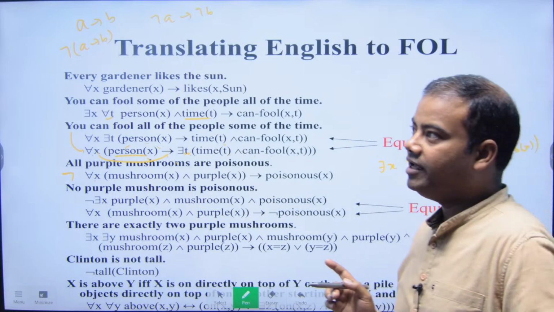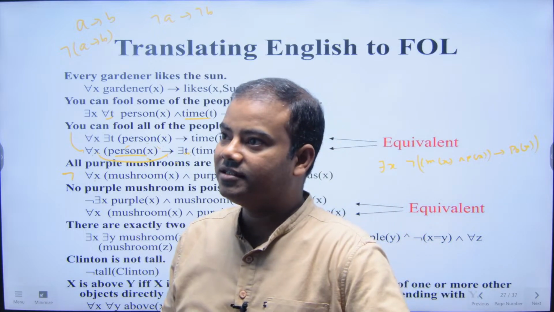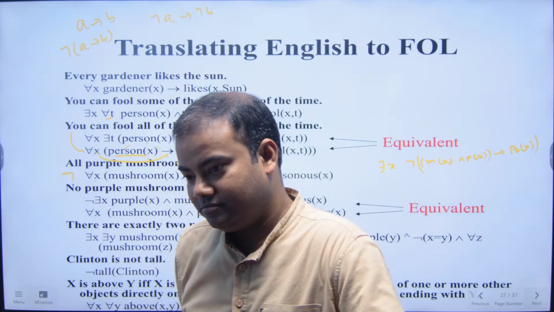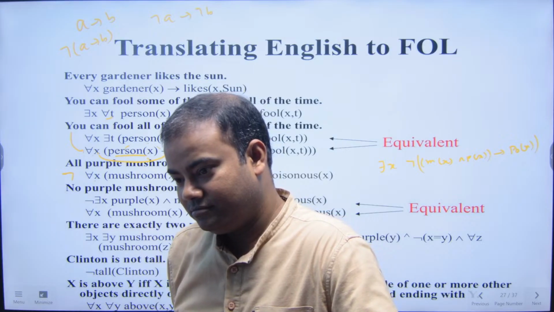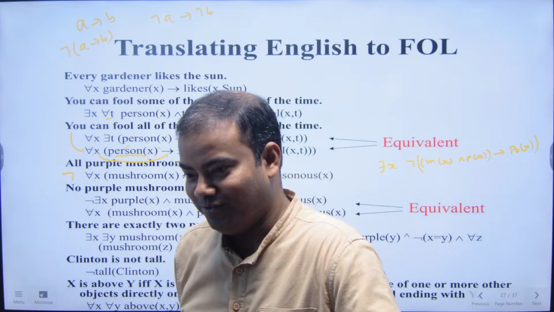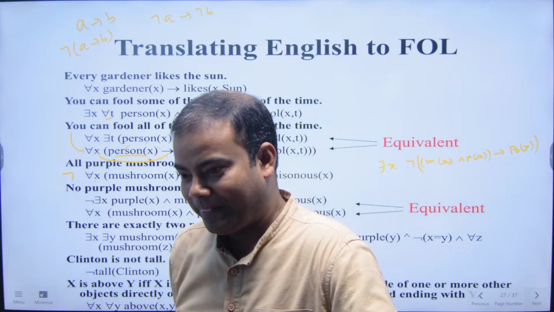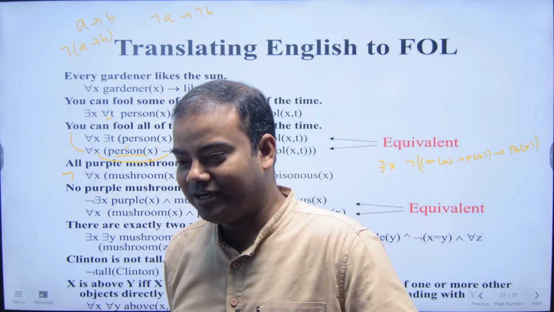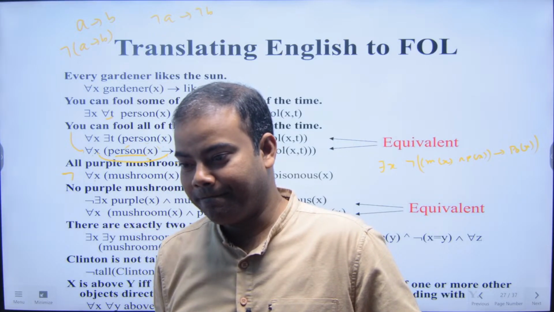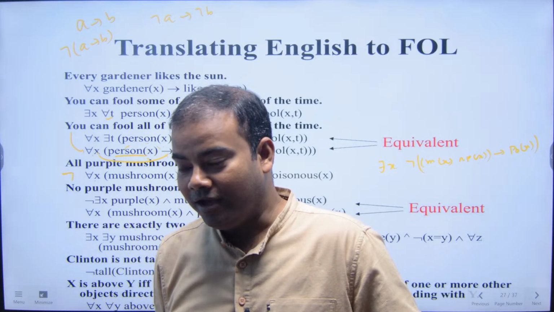If I say that everyone in this class is intelligent, what is the negation of that? None in the class are intelligent? No. That is not the negation, that is the opposite.